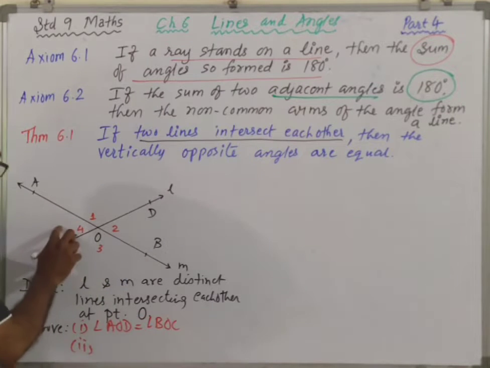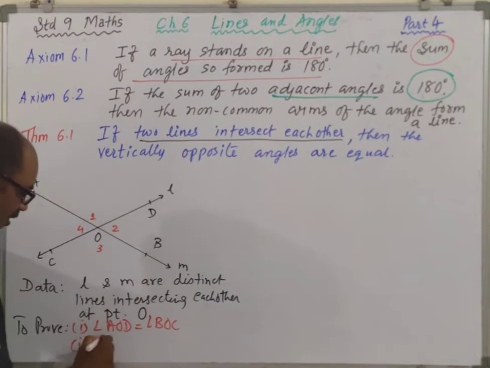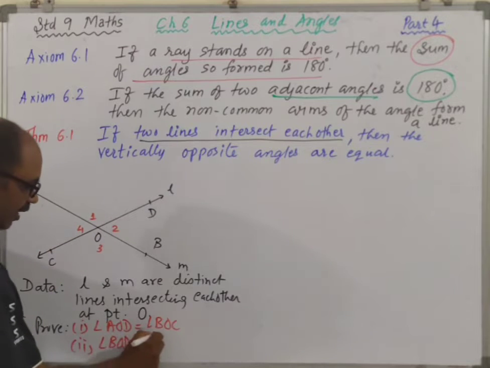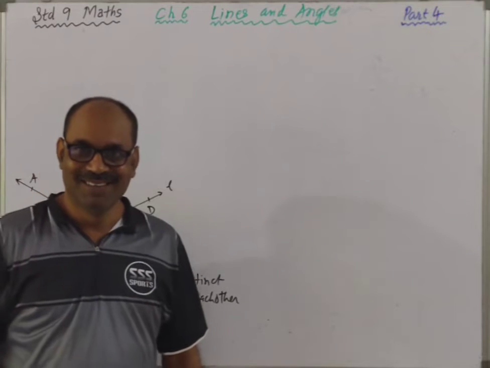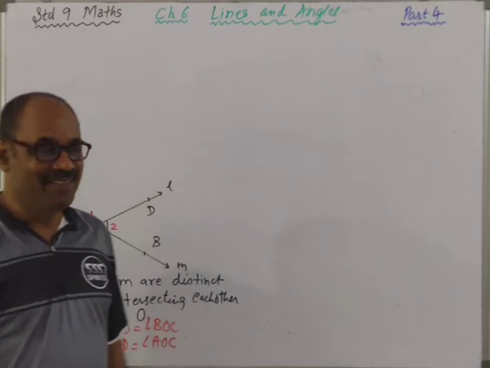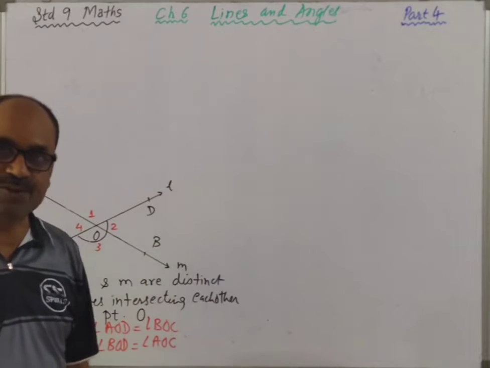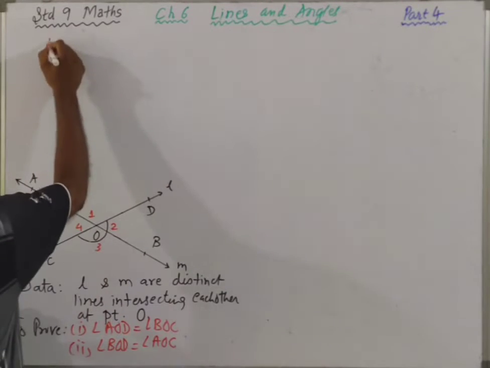Second pair, 2 and 4. Correct? The name of 2 is angle BOD. And the name of angle 4 is angle AOC. So this is what you have to prove. So children, I have removed that part which was not necessary so that we can have enough space to write the proof. Okay? Let's go. Proof.